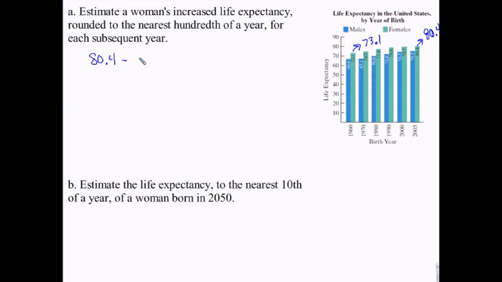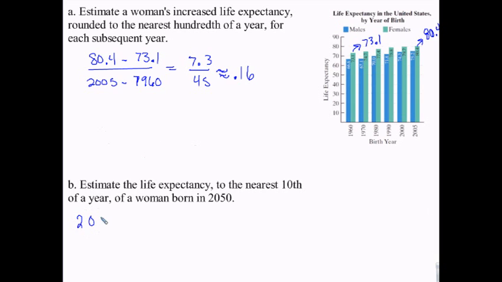So if I do this, I'm going to get 7.3 divided by 45, and it's actually 0.16. Now, we tend to live longer as women than men, but our gains in life expectancy are not as high. Yeah, give it a couple hundred years.